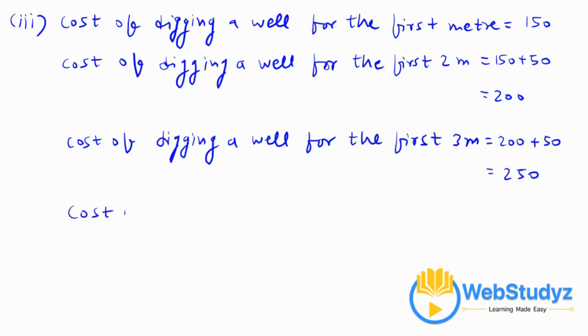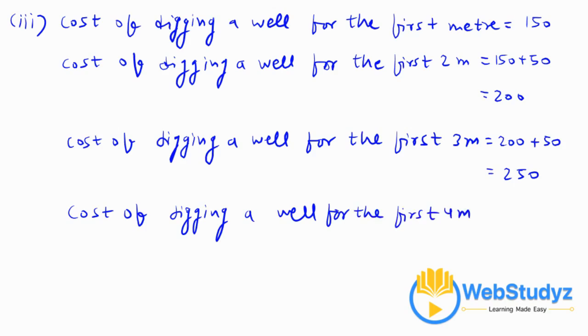Similarly, cost of digging a well for the first 4 meters will be 250 plus 50, which comes out to be 300, and so on.